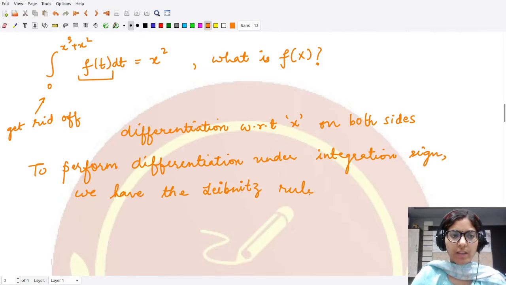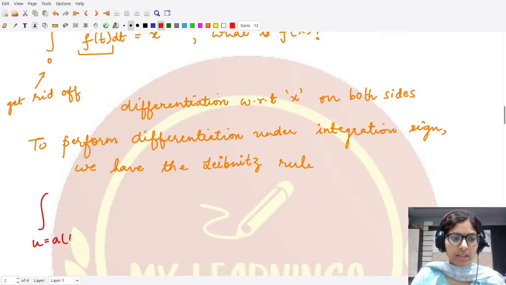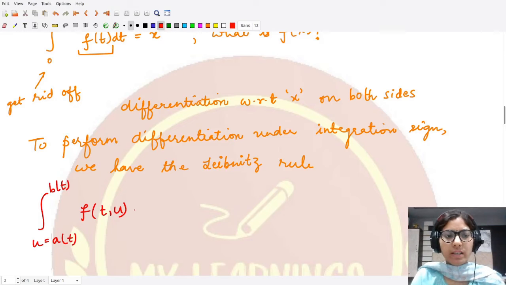Whenever you want to perform an integration where the limits could be variable or constants, according to the question given to you, and the function is given in two variables, you could have particular cases for all these.